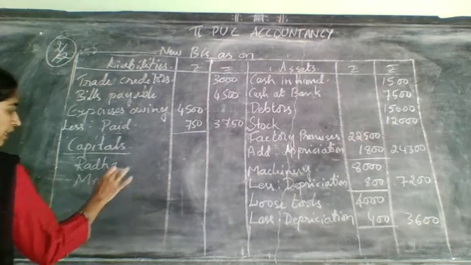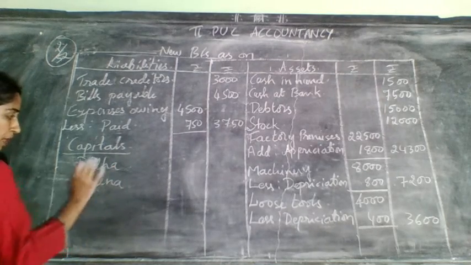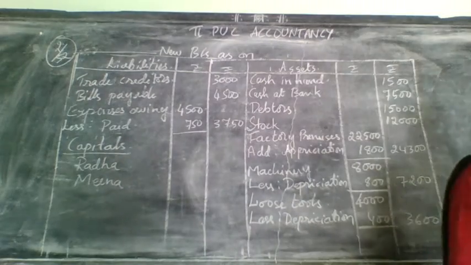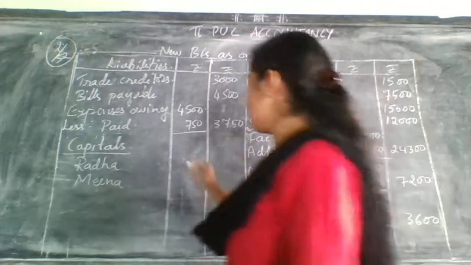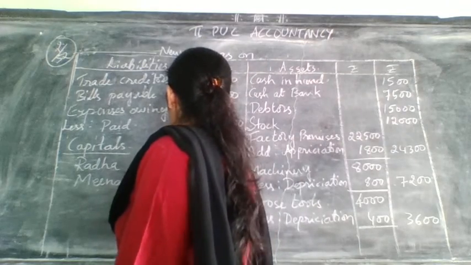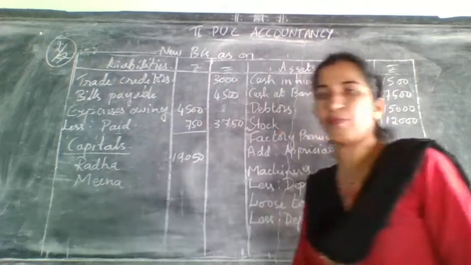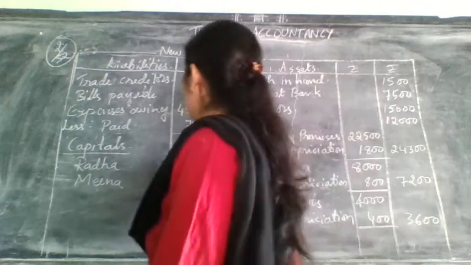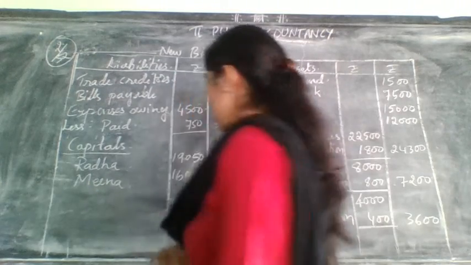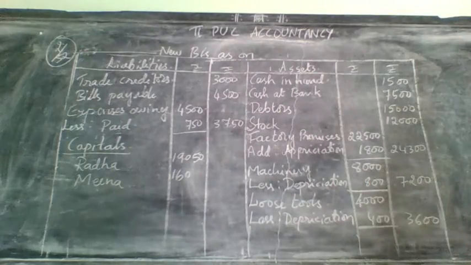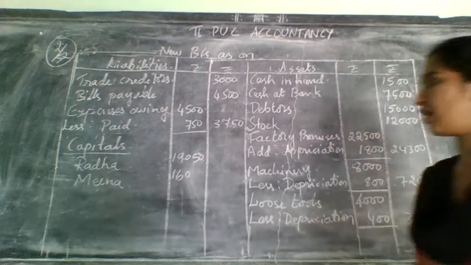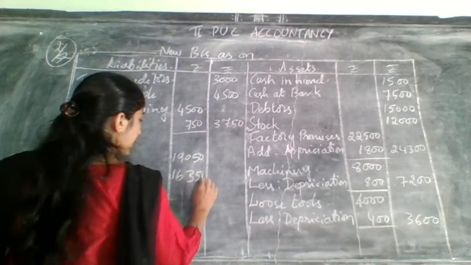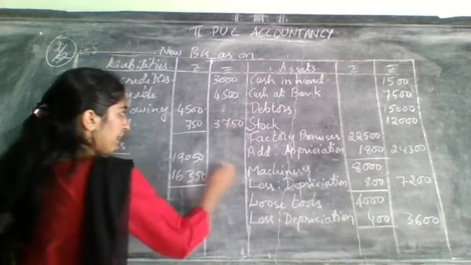Don't write the retiring partner's name. Take their capital balance, that is 19,050, and then Meena's how much? 16,350. Add these two and write it in the outer column.